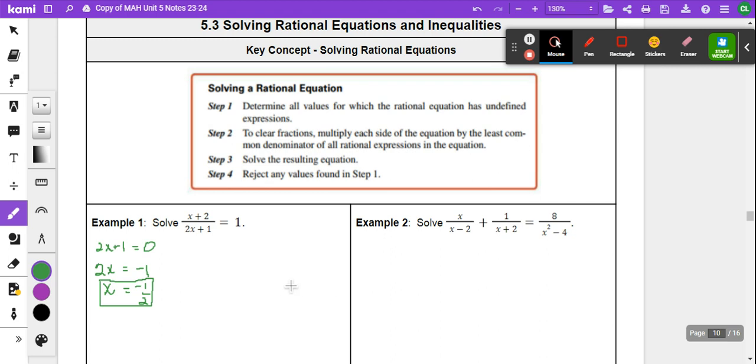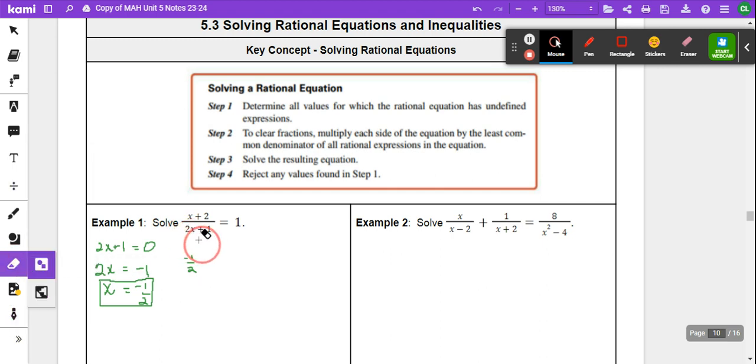What that means is if I put negative 1/2 right in here, that would give me a 0 in the denominator, and that just isn't possible. That's undefined. So at the end of all of this, I'm going to have to check and make sure that I didn't get that as an answer. That's all step 1 is doing. So you'd have to reject any answers that would be undefined.